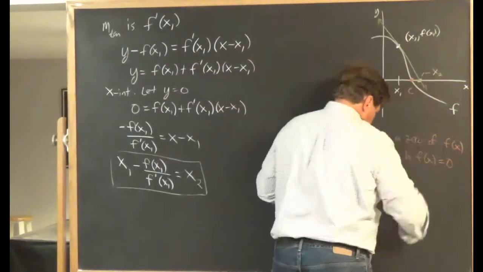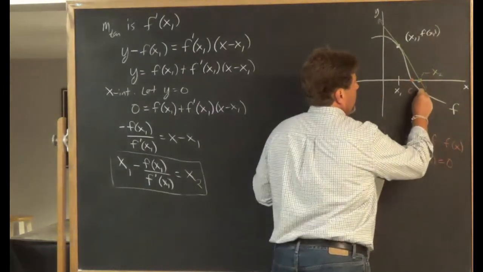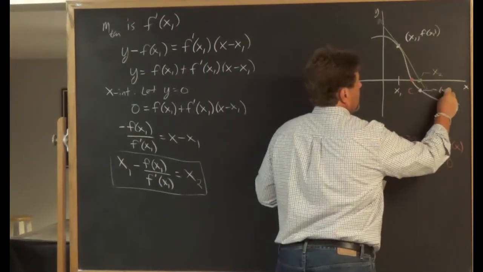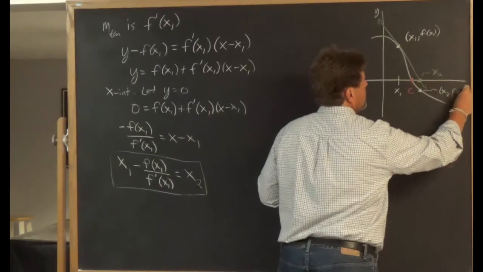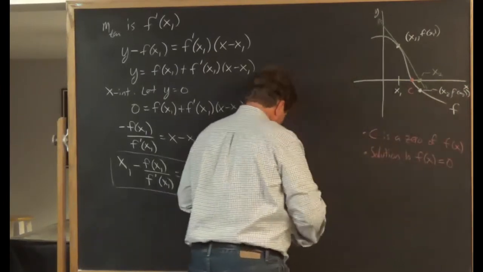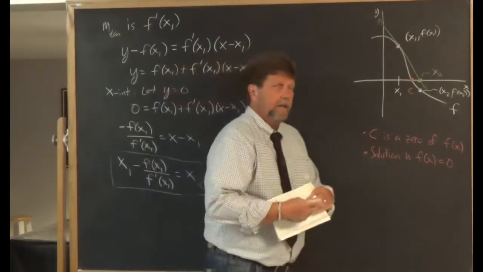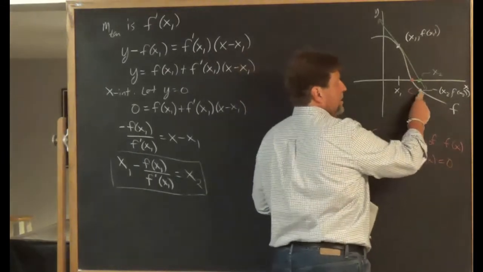Come down to the curve. The coordinates of that point right there are x sub 2, f of x sub 2. Get the equation of the tangent line. That's the point of tangency.